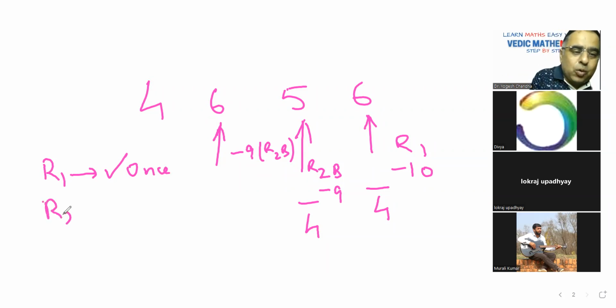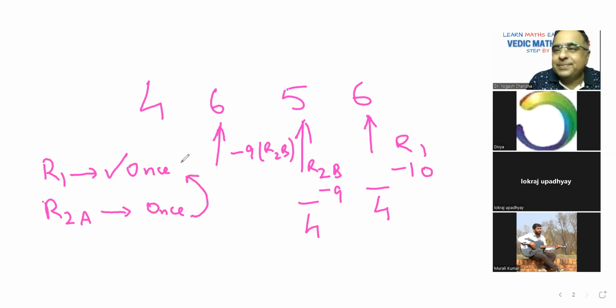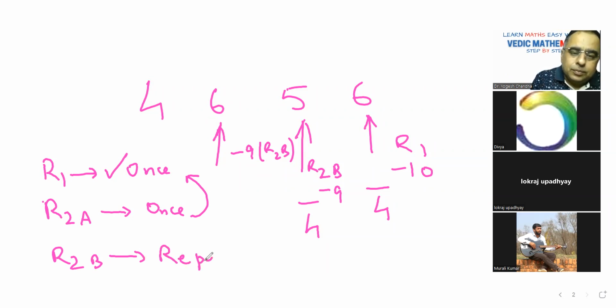If R2A is there, it is also applied once, and then you move back to rule number 1. But R2B can be repeated. Either it can be repeated or it can move to R2A only.